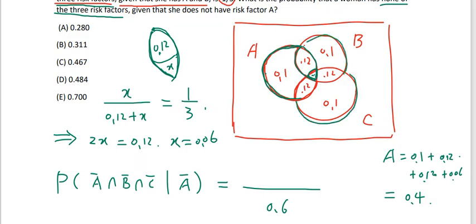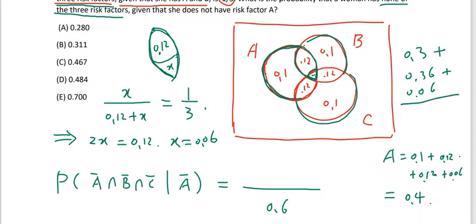Here is 0.1, 0.1, 0.1, so 0.3, plus 0.12 three times is 0.36, then plus 0.006.